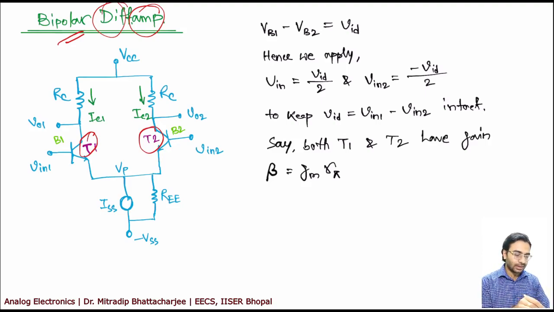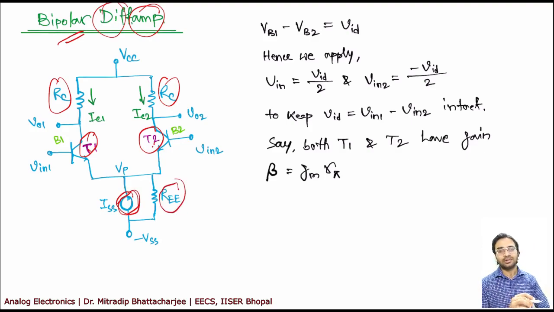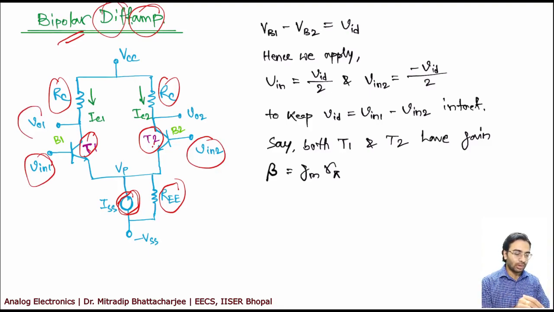So you have RC collector resistances, you have two BJTs, and you have a DC bias ISS. I have considered REE, which is the shunting resistance for the current source. Ideally it should be infinite. You have two inputs, V in 1 and V in 2, two outputs, VO1 and VO2, and you have a DC bias of VCC.